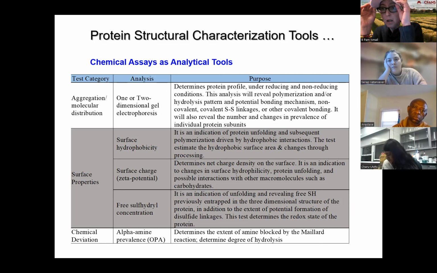So when we measure surface hydrophobicity at any time point of that protein, if we get a protein ingredient and we measure its surface hydrophobicity, it doesn't mean that it is not in a native form if the measurement is low. We don't know. That's why it's not a standalone method for determining the protein structural characteristics. So usually you run it along with other things.